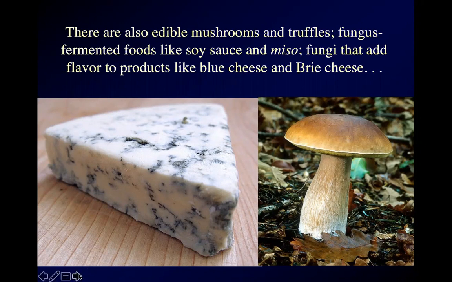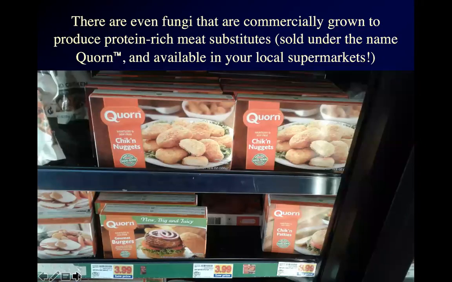It's deliberately added to give it that flavor. There's even fungi that are commercially grown to produce meat substitutes. The name that they're sold under is Quorn. And you can buy these in, I took this picture at the Kroger on Salem Street. So you can get fungus meat substitute.